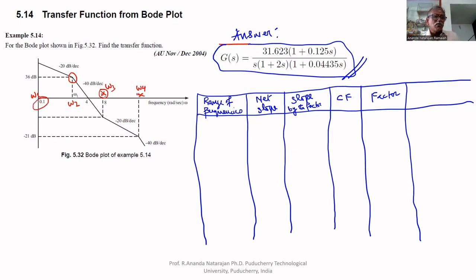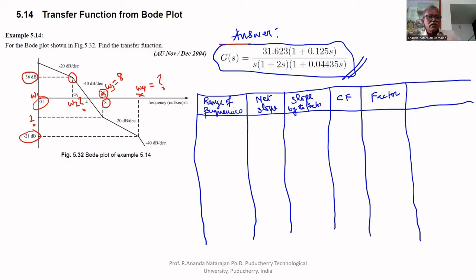At corner frequency omega 2 is not given, but the magnitude is given. At this corner frequency, the frequency is given as 8 and the magnitude is not given. Here, the magnitude is given, but corner frequency is not given. For this, we have to find the transfer function.